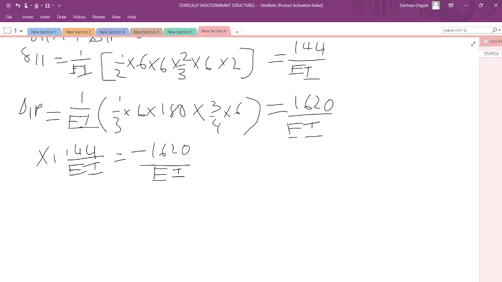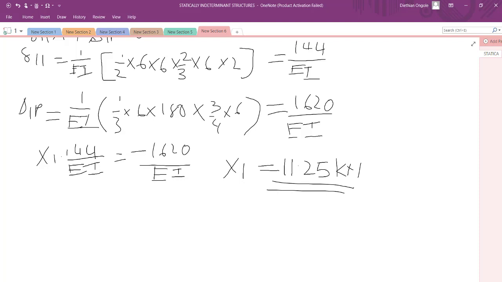When I work this out, I'll find that my x1 would be equal to 11.25 kilonewtons.